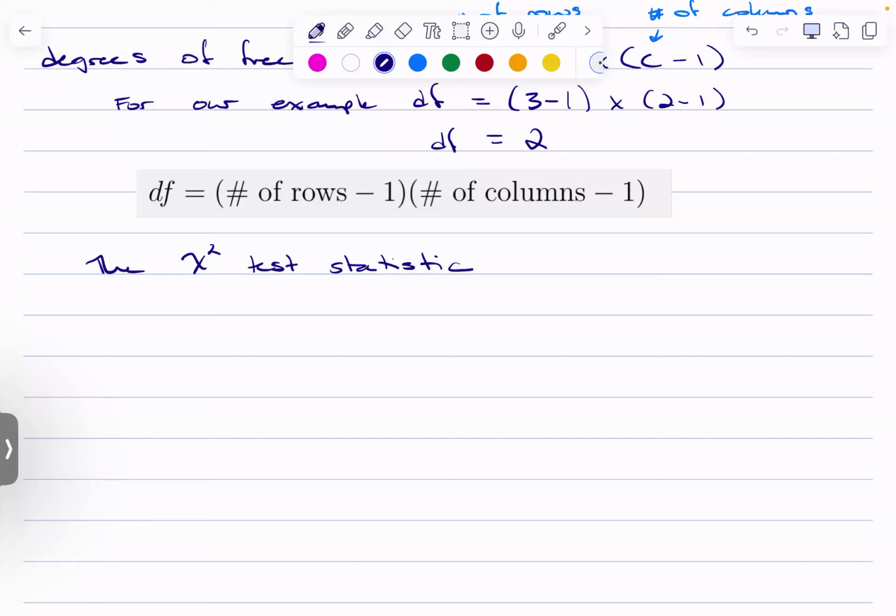It computes how far the observed value is from the expected value. Or I'll say it compares how far the observed count is from the expected count.